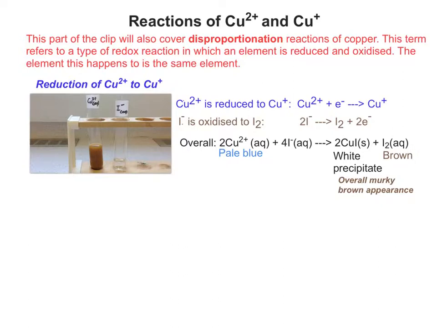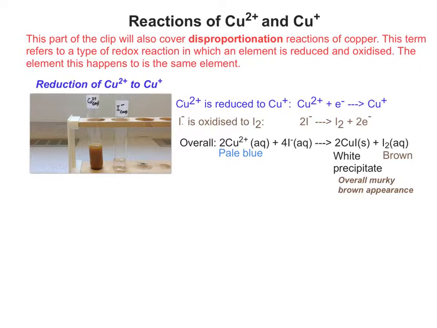Now eventually the precipitate will settle and you'll have a clear solution of iodine in a brown solution colour instead, but I didn't have time to film that happening because it takes a little while for that precipitate to settle.